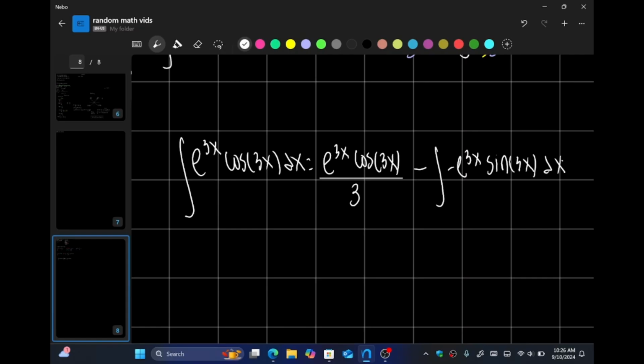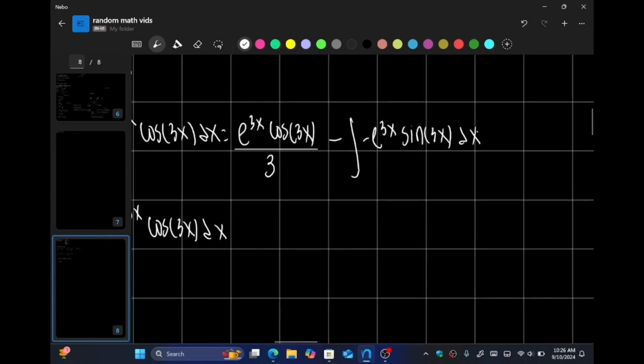So, the integral of e to the 3x cosine of 3x dx is going to equal e to the 3x cosine of 3x all over 3.